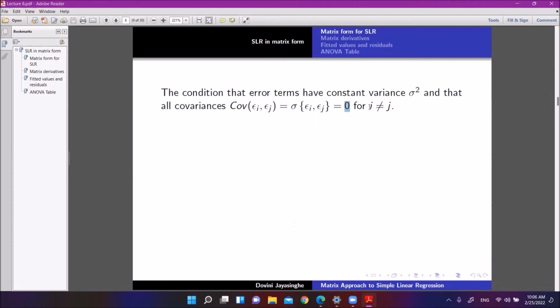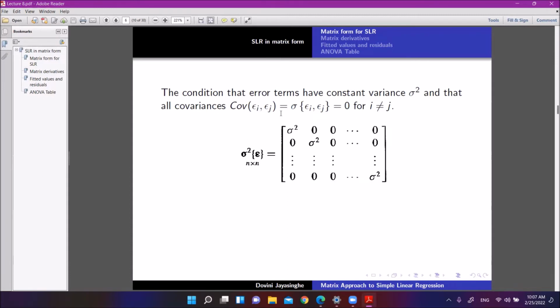When i is not equal to j, we take 2 different error terms at a time and the covariation should be 0. That means errors are independent. If they have some dependency, there should exist a covariance. But no, the variance is constant, no correlation or covariation between 2 terms.